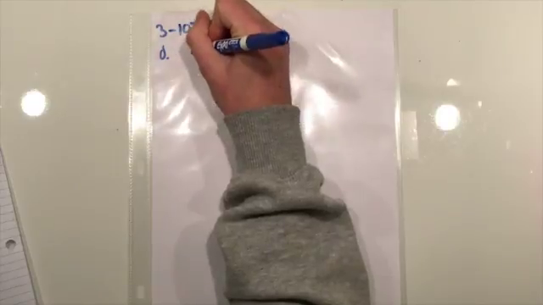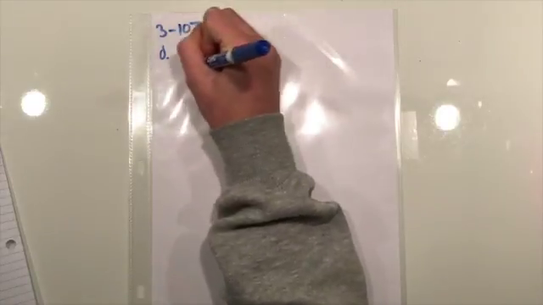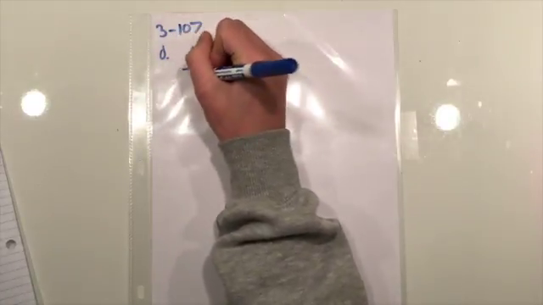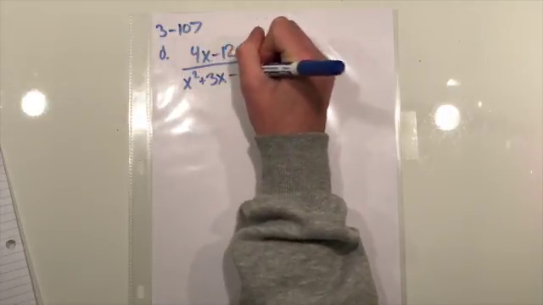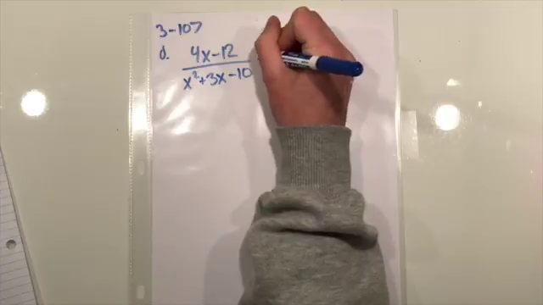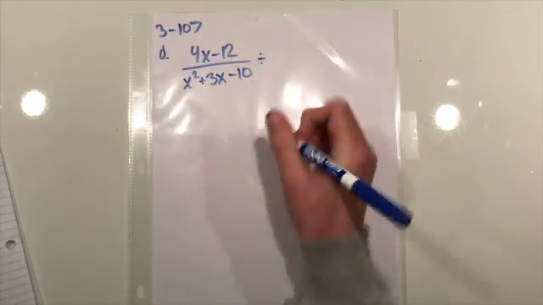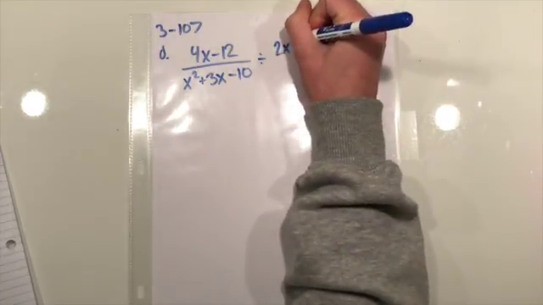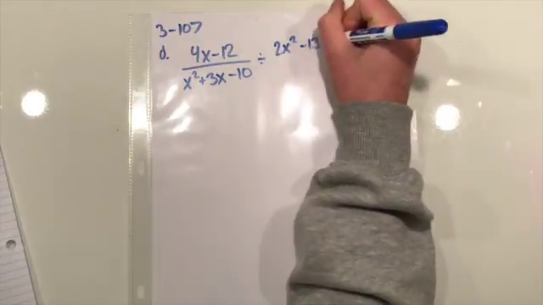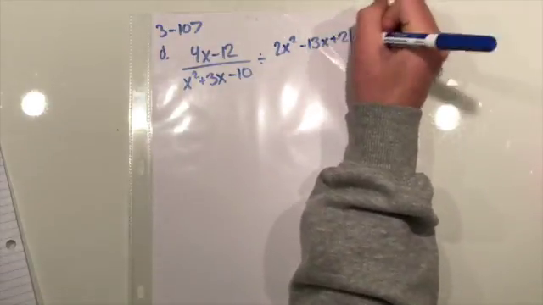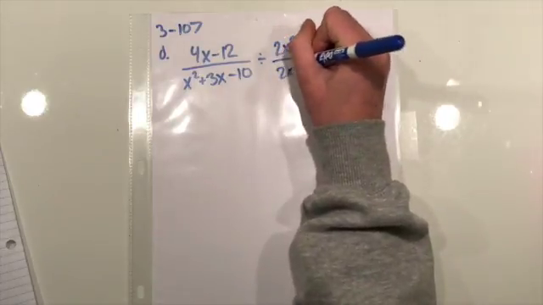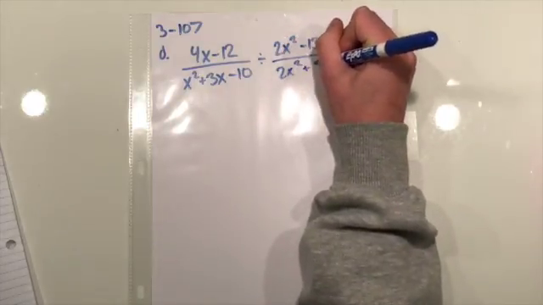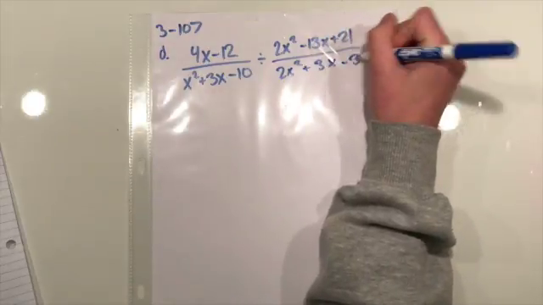It's 4x minus 12 over x squared plus 3x minus 10, divided by 2x squared minus 13x plus 21 over 2x squared plus 3x minus 35.